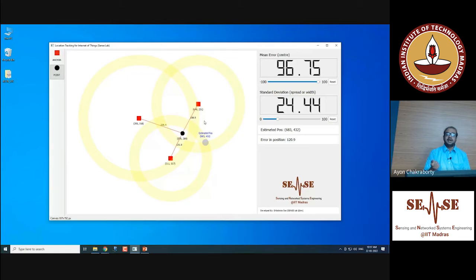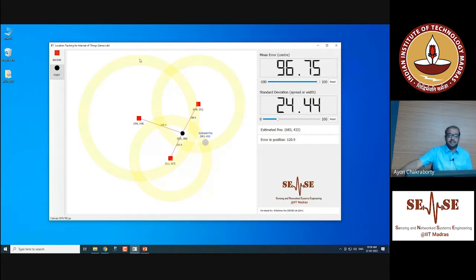And epsilon is picked from a distribution that has a mean 96 and standard deviation 24. And that's why we have these fat kind of rings, not just a circle, because if we had a standard deviation 0, I would very deterministically pick the value of noise as 96, which is not the case. We have some uncertainty with that also.